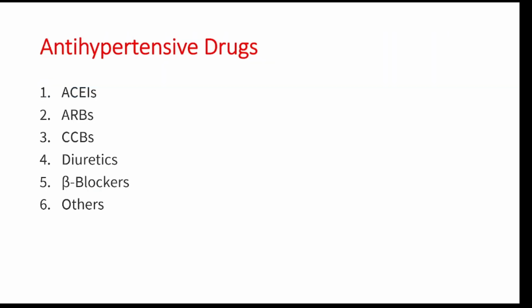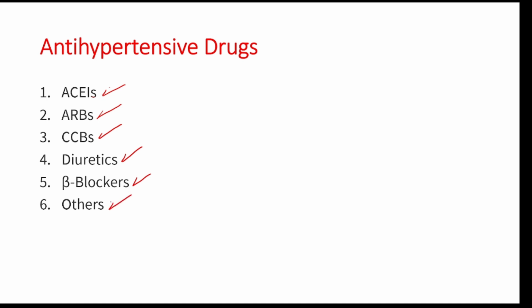Okay, now we move to the antihypertensive drug groups. The main groups of medication, I will repeat: ACE inhibitor, angiotensin converting enzyme inhibitor, ARBs, angiotensin receptor blocker, calcium channel blockers, diuretics, beta blocker, and others.